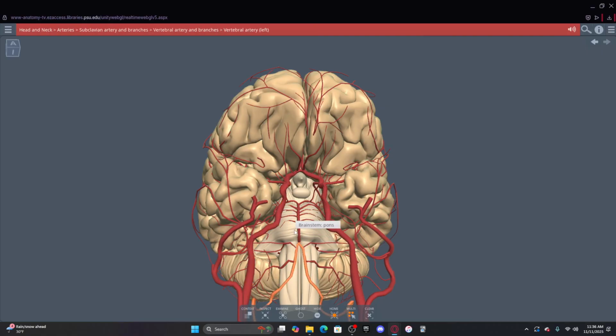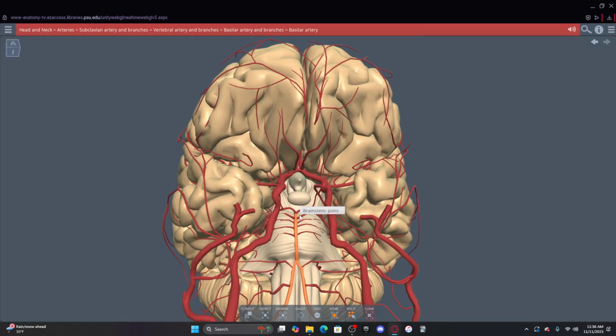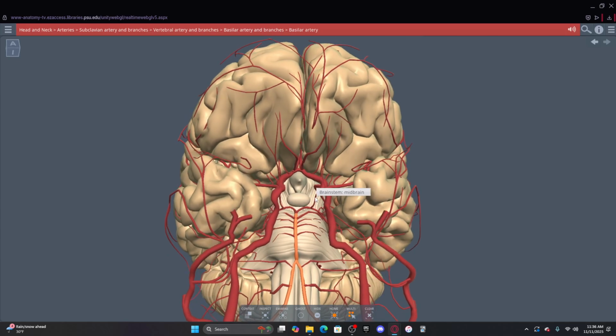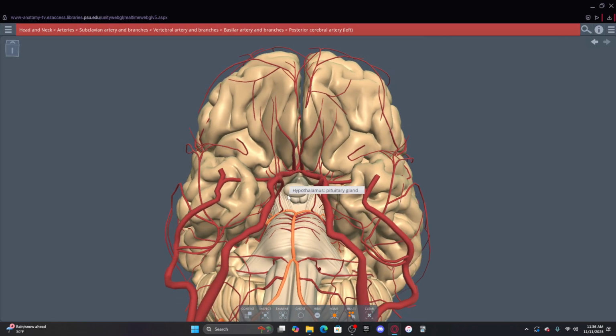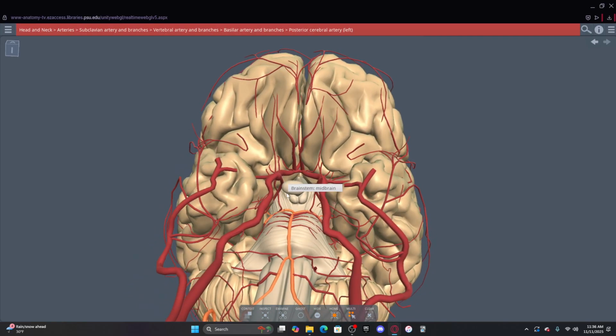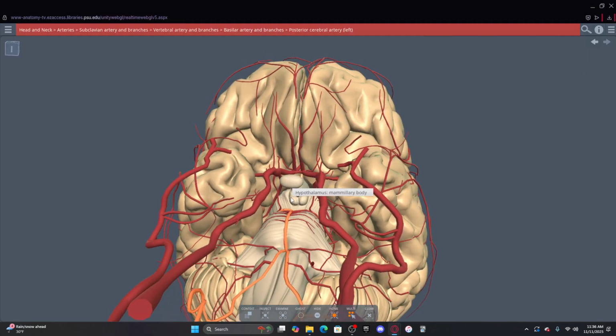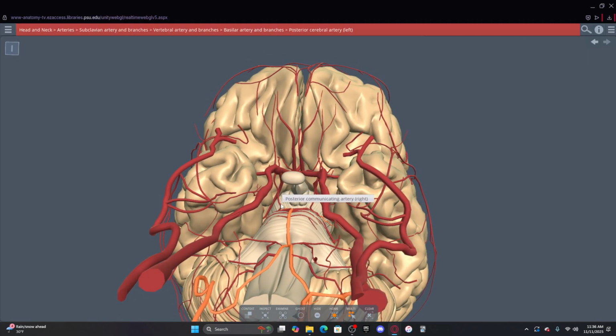So we went from vertebral to basilar. We're forgetting about those cerebellar arteries, which are before the posterior cerebral arteries. So posterior cerebral, left and right. And then from our posterior cerebral, we move into our posterior communicating. So posterior communicating artery, there's a right one, and then there's a left one as well.